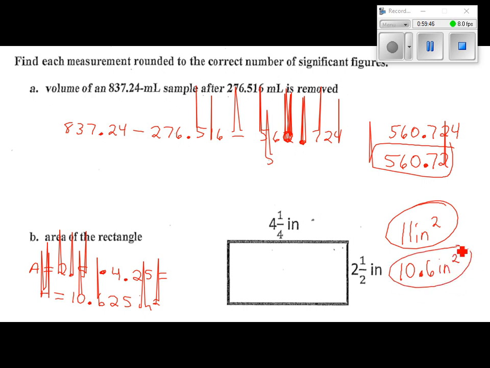But if it was on the EOC test and they were dealing with significant figures, that's the answer they would want. I think that's rounding it too much. This is so close to 10.5 that it doesn't make sense.